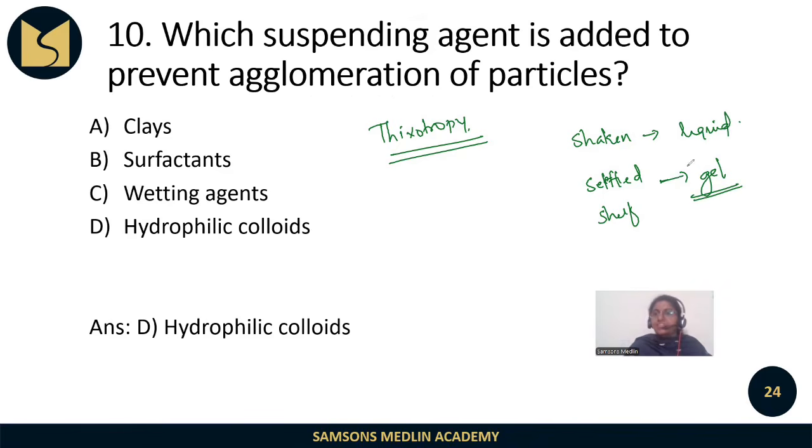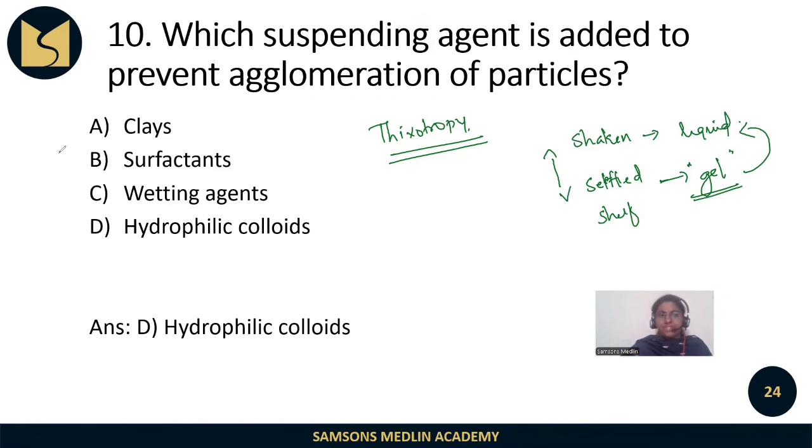That is known as the gel form. So thixotropy is a phenomenon where the suspension exists in these two forms based on the situation. When it is kept on the shelf, untouched, it remains in the gel form, and before administering, when it is shaken, the gel is converted into the liquid form so that patients can easily administer it.